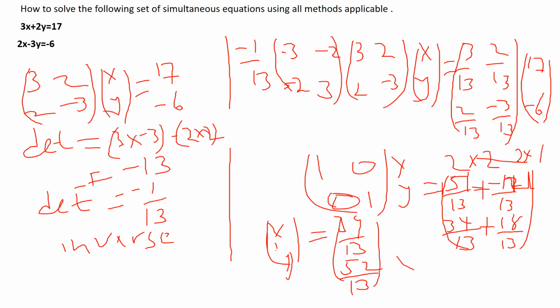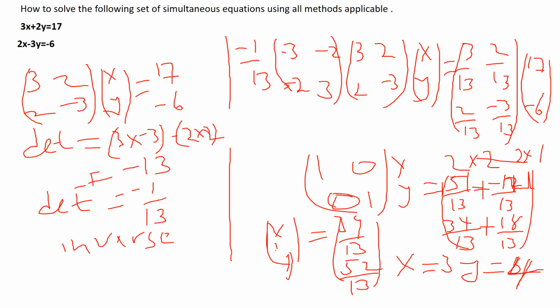So we get the value of x: if you divide 39 out of 13, you get 3, and if you divide 52 out of 13, you get the value of y being 4. And that is how you can use the matrix method to get the values of x and y. So the next method, we can use the graph.